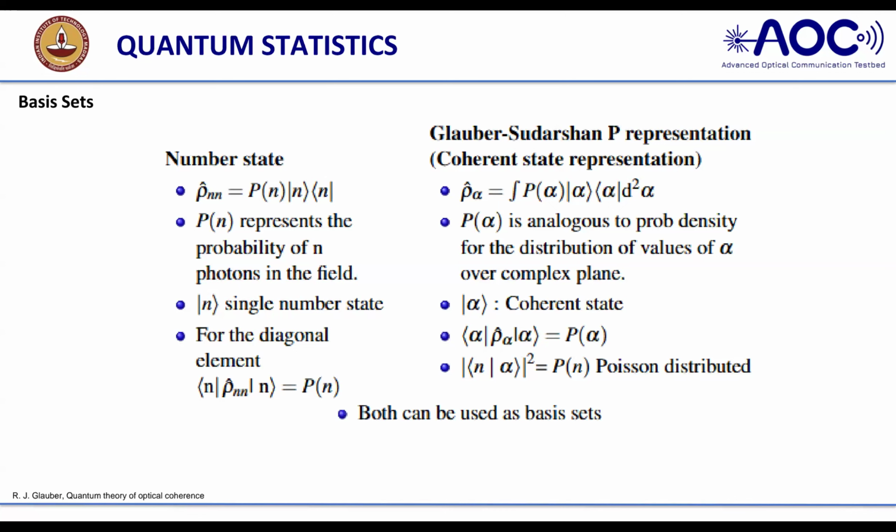I can say the Ehrenfest limit, you can say that this is a classical analysis. When you take the average of P alpha over a coherent state, it gives you the semi-classical picture. When you convert the coherent state alpha into the number state, it is a quantum picture. So it becomes much easier to convert the semi-classical picture to the quantum picture.